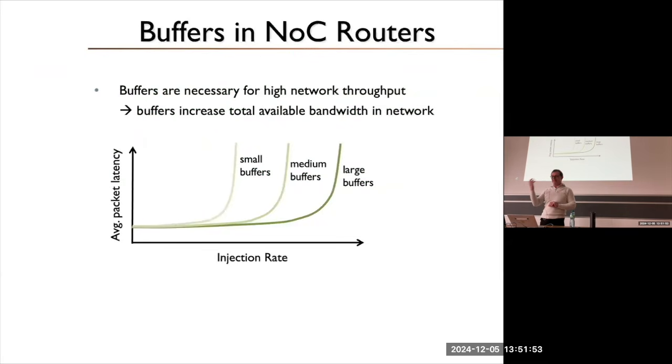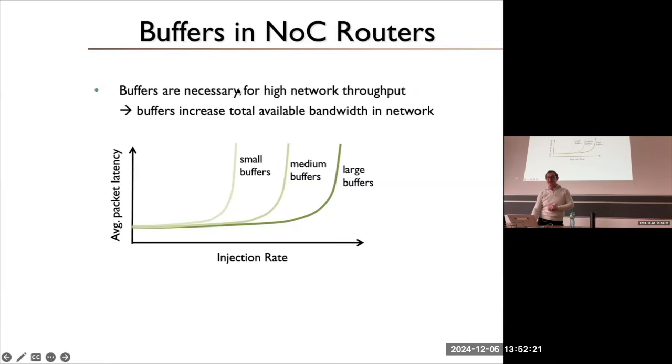Okay, so we tackled the issue of buffering because this was bothering us. Clearly we know that buffers are necessary for high network throughput. As you increase the buffers, you get better injection rates. Everything else being equal, and assuming your access pattern likes large injection rates, if you have large buffers, you'll get higher saturation throughput.